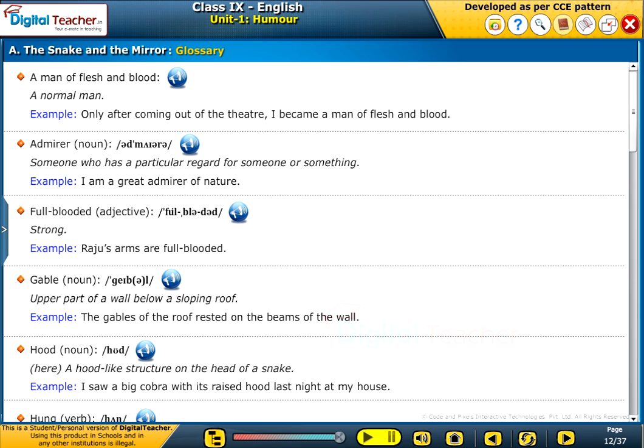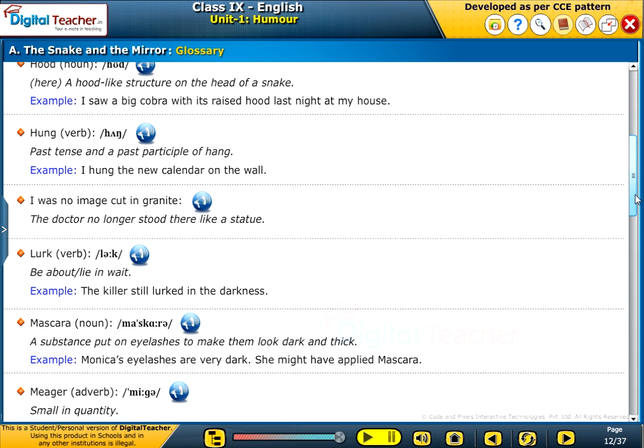Glossary. The meanings of certain words along with their usage. A man of flesh and blood. Admirer. Full-blooded. Gable. Hood. Hung.